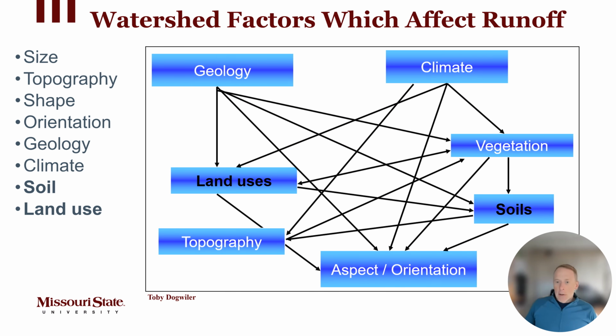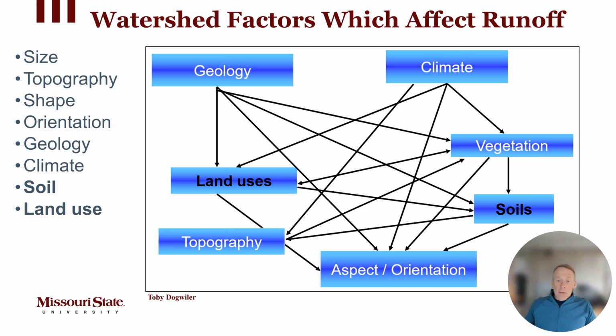All right, so just to recap, won't spend much time on it, but our watershed factors are size, topography, shape, orientation, geology, climate, soil, and land use. These are all very interconnected with a lot of feedbacks between one another. I used an example before that soils are a function of the geology as parent material, the climate, which helps determine how those parent materials break down and are converted to soil, the vegetation, which also affects that, and topography.